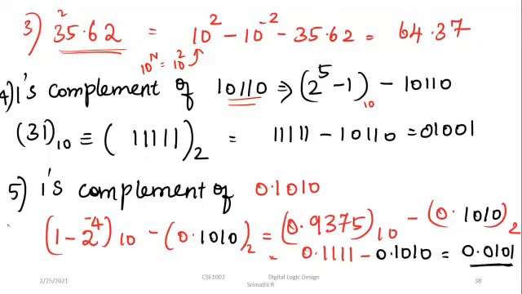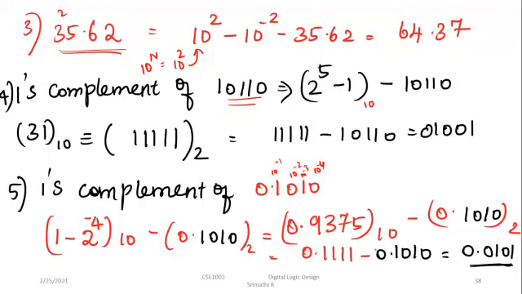Let me then take a fractional number, the ones complement of 0.1010. So now what is this? This is 10 power minus 1, minus 2, minus 3 and minus 4. So 1 minus 2 power minus 4 to the base 10, minus the given number 0.1010. 1 minus 2 power minus 4 is nothing but 0.9375.